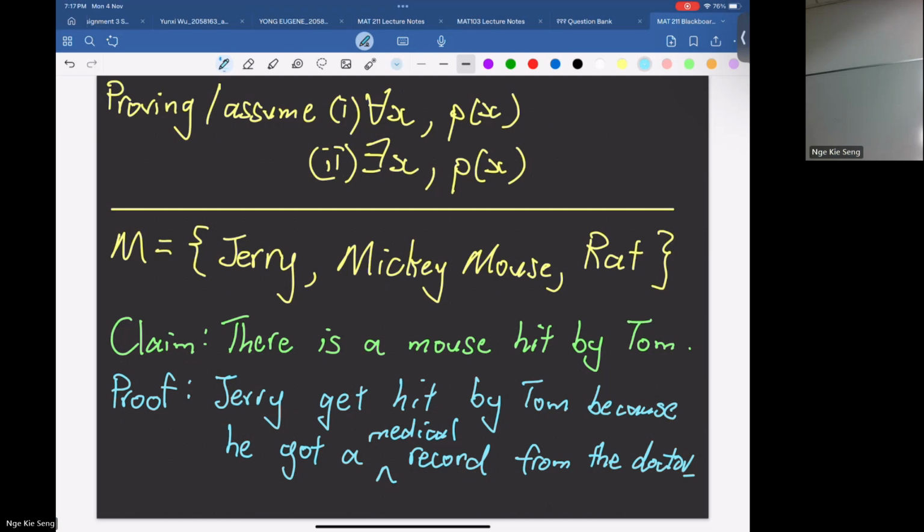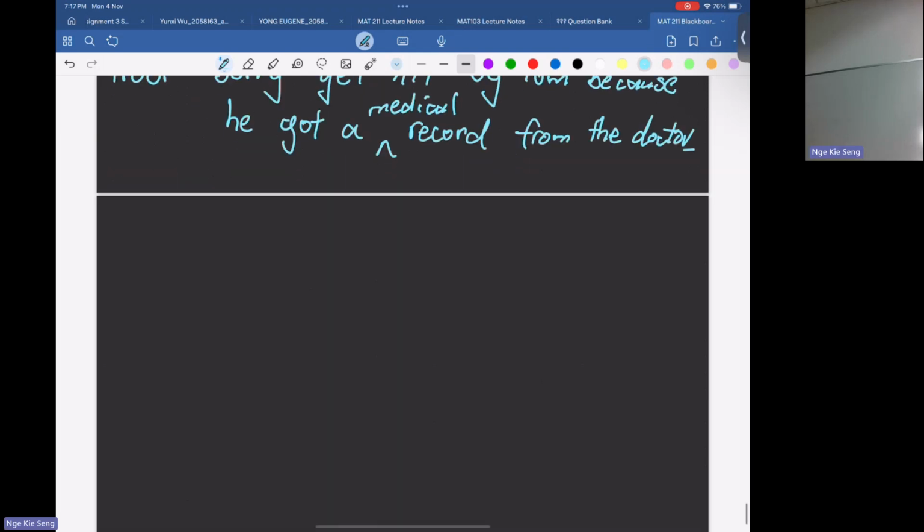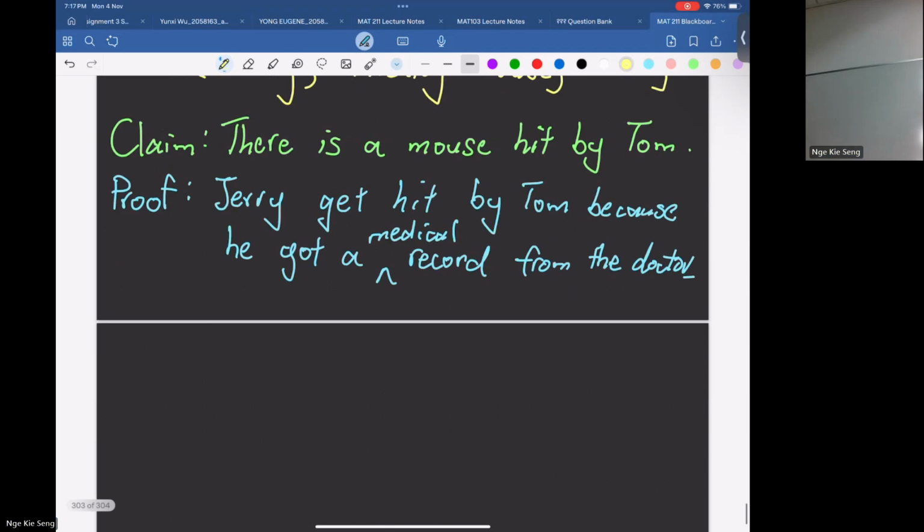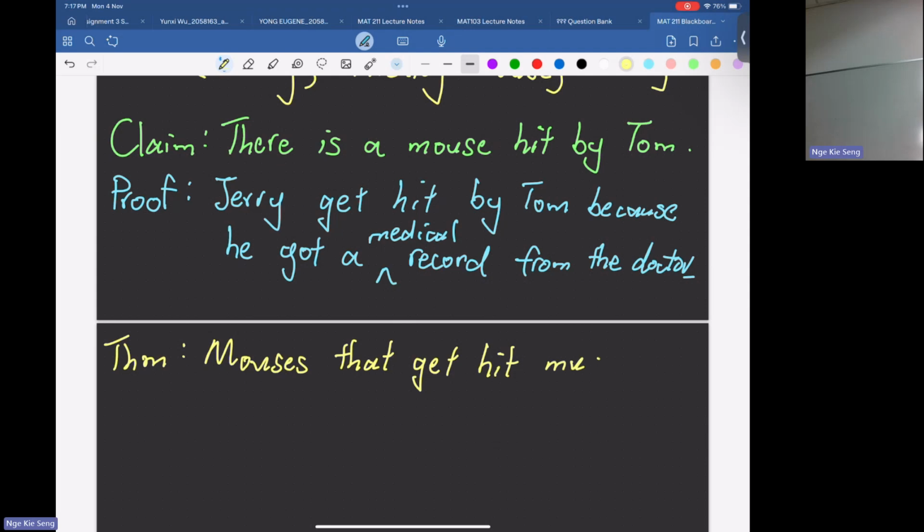Okay. But let's say there's a theorem: mice that get hit must be admitted to the hospital.